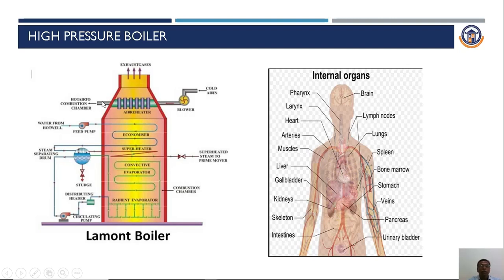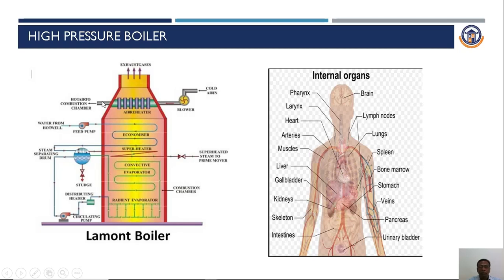The inner organs are not visible to our eyes, but they are available inside our body and help enhance our activities. Similarly, the boiler has accessories like the air preheater, economizer, superheater, conventional evaporator, and radiant evaporator. These components are available inside the boiler unit.